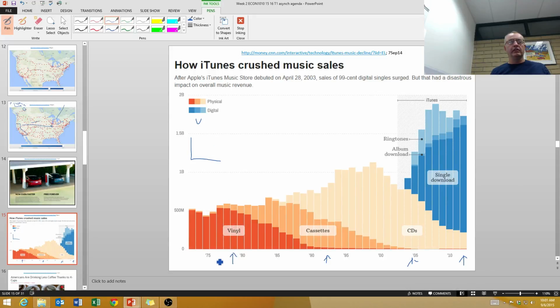So way back in the 60s and 70s and late 80s, here's our quantity, here's our price. Here's our original demand curve for vinyl records. And as cassettes came into the marketplace, a new form of recording of music, the demand curve for vinyl would have shifted to the left, because people wanted a more convenient form of storing and moving their music around, so they moved to cassettes.